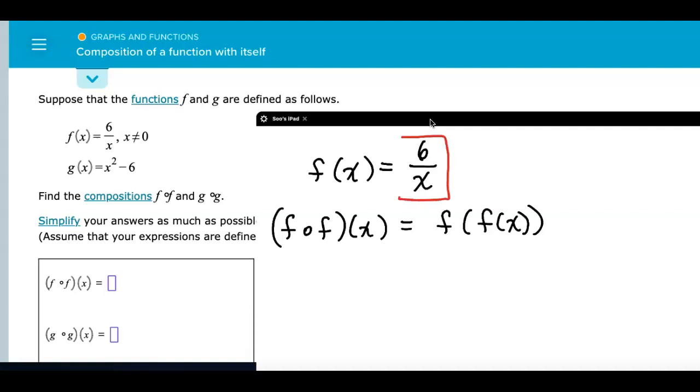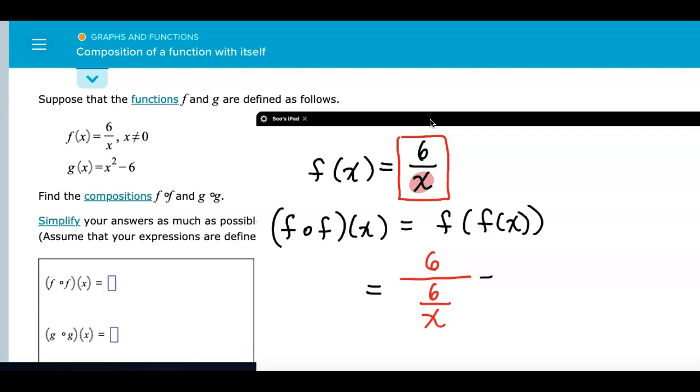You see it is 6 over x. So what we need to do is, it's going to be 6 over, but wherever you see x, we're going to put whatever that f of x is. So instead of x, write down 6 over x. Then all we need to do is simplify this.